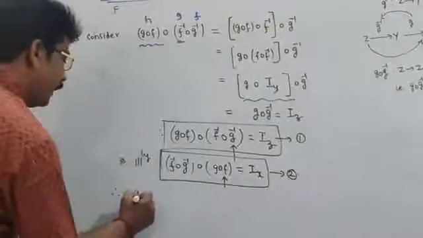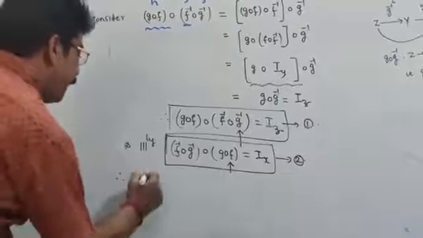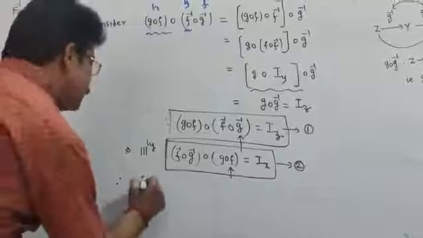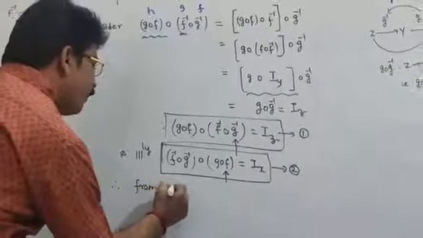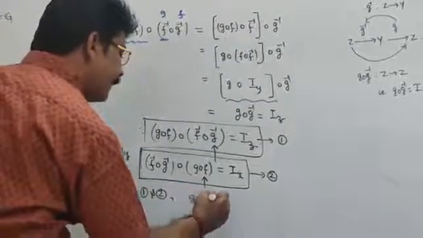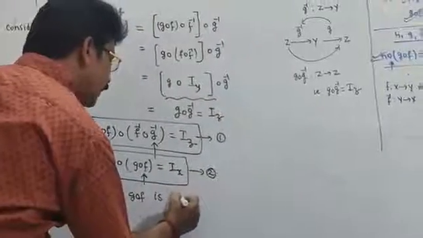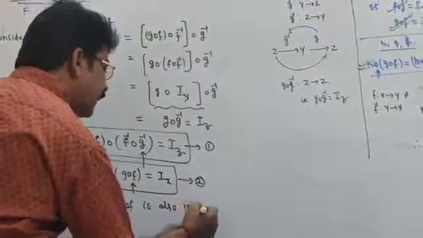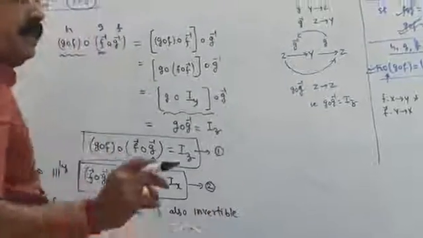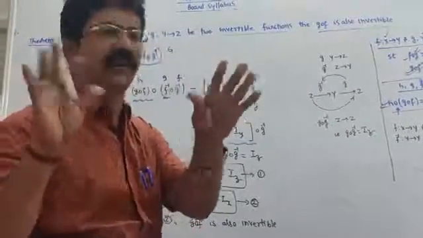Therefore, from 1 and 2, G circle F is also invertible. Means what? G circle F also has its own inverse.